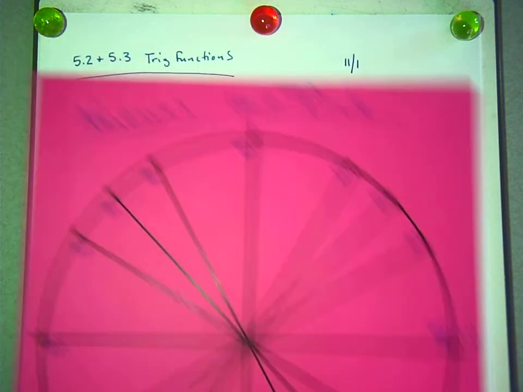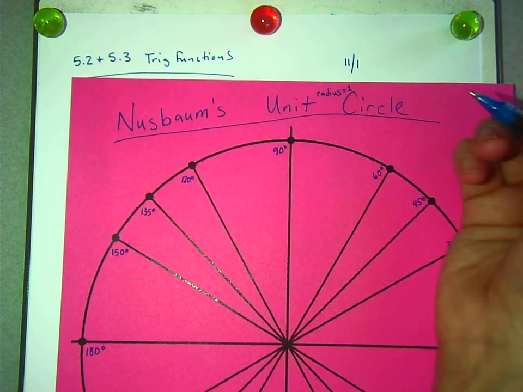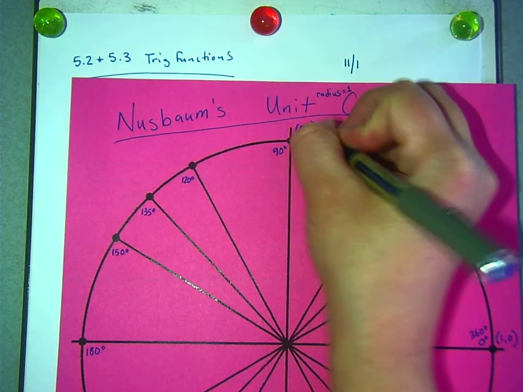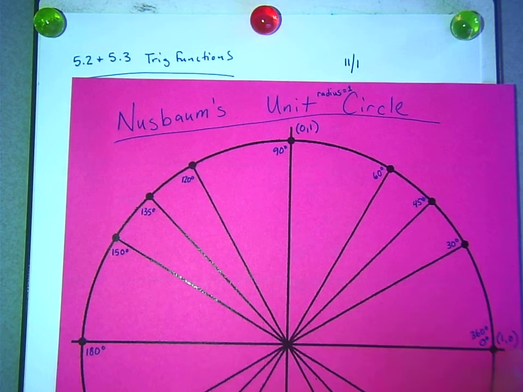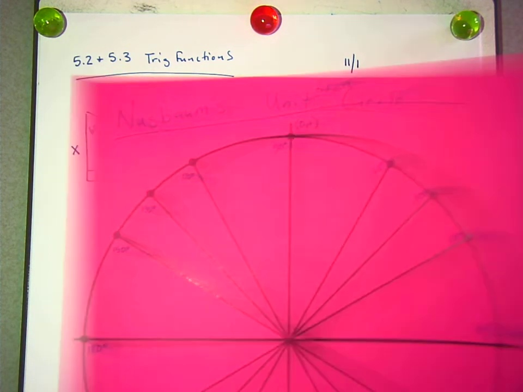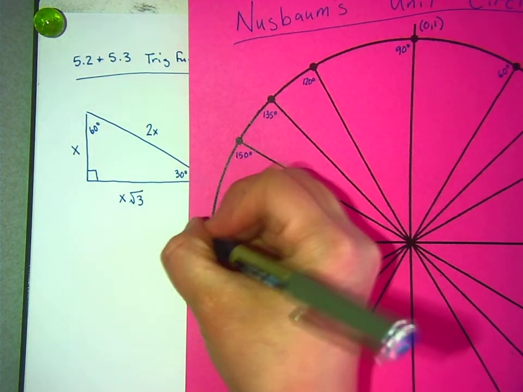Okay, how about the top? What's that, 90? 0, 1. Because the x is 0 and the y is 1 up. Okay, how about this side? Negative 1, 0.